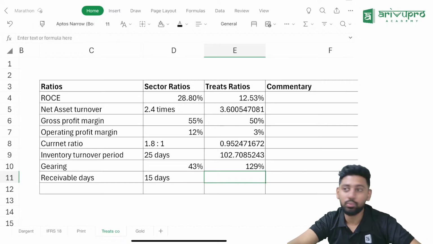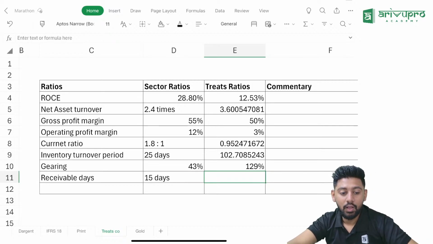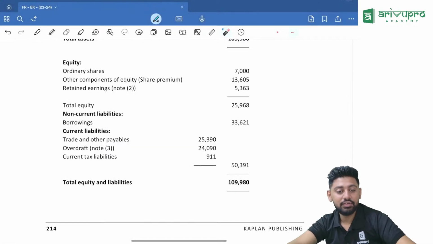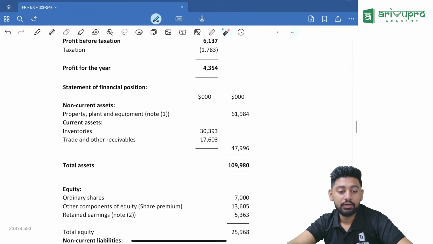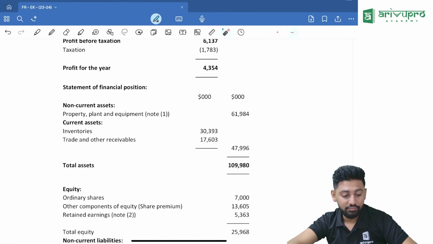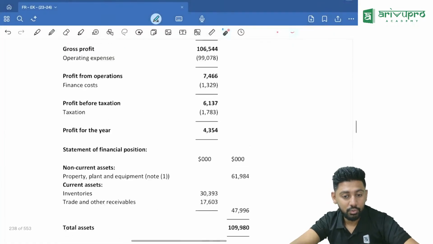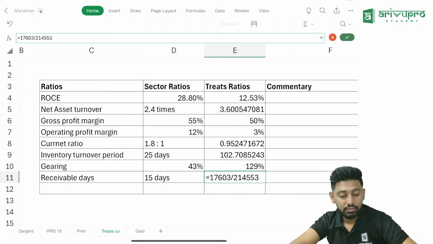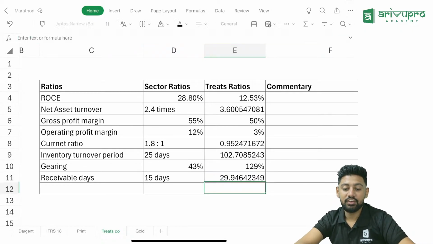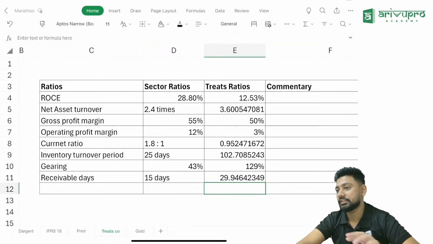That is massive. And then I have receivable days. My trade receivables over revenue into 365, which is 17,603 over my revenue, 214,553, into 365. There you go, 30 days.